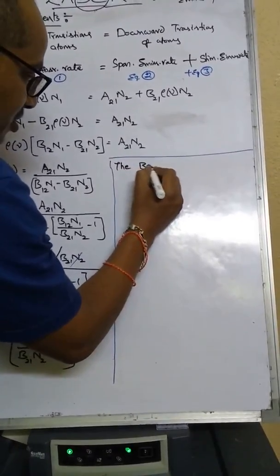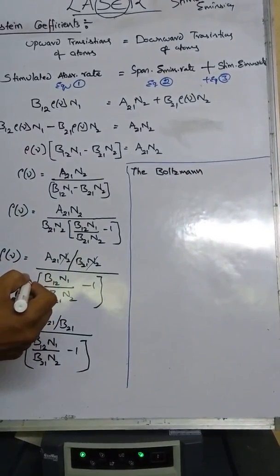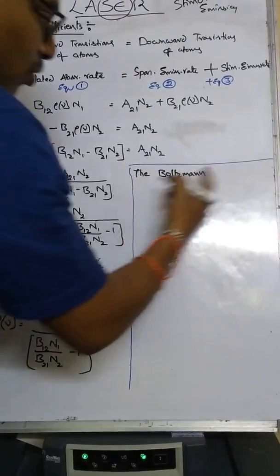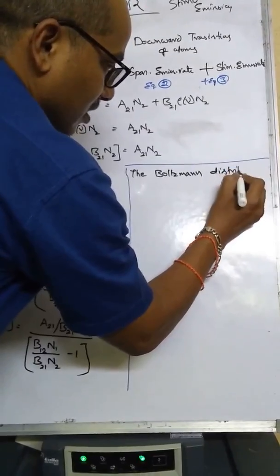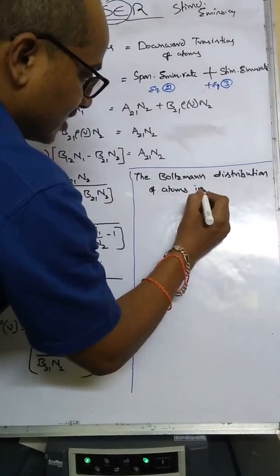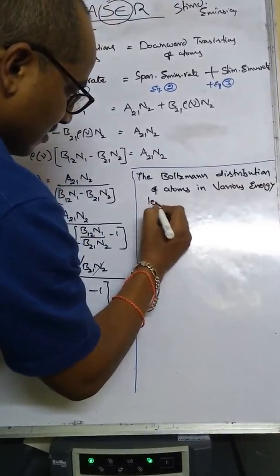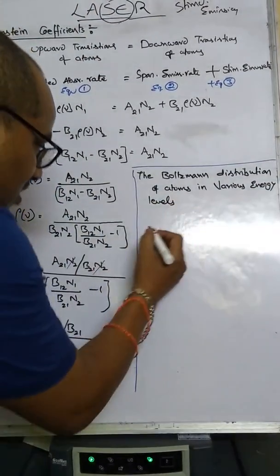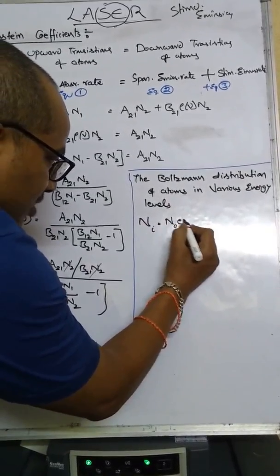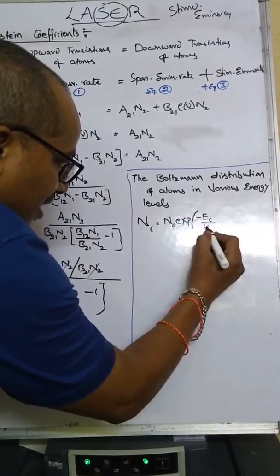the Boltzmann distribution law, this topic was already discussed. If you look at the quantum mechanics chapter, unit 1, we already discussed the Boltzmann distribution of atoms in various energy levels. The distribution is given by Ni is equal to N naught exponential minus Ei by kT.